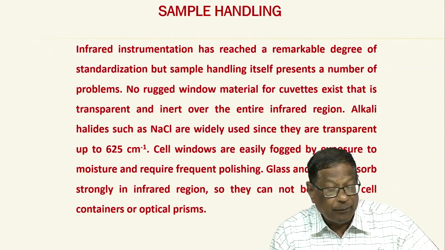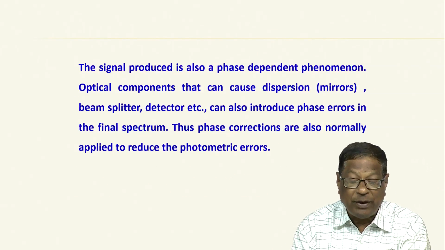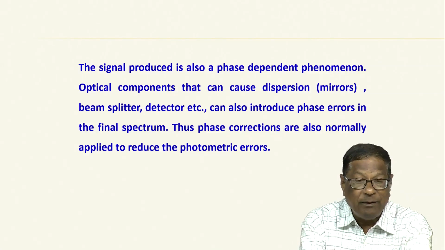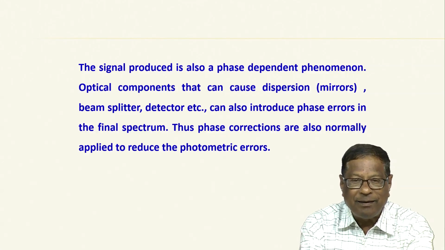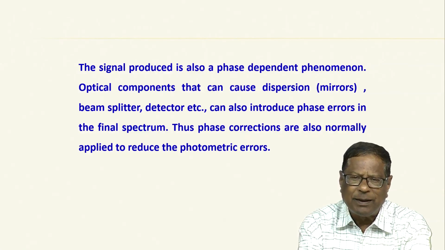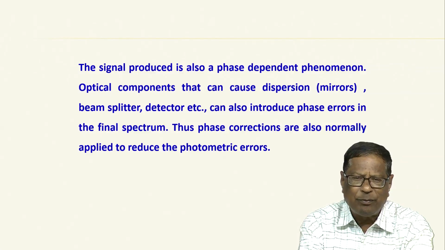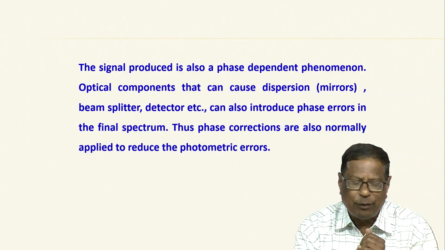The signal produced is also a phase dependent phenomenon. That is understood now, because I have to cut off the signal, collect all the information, and cut the interferogram into specific information.